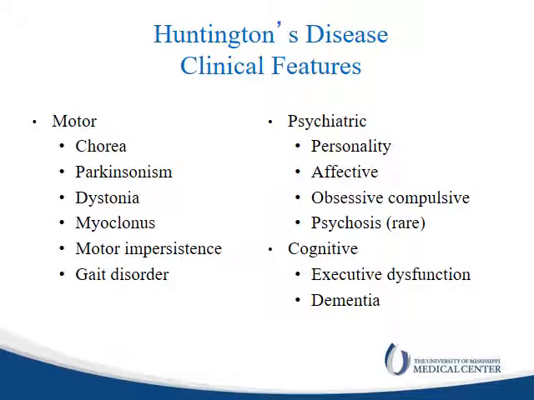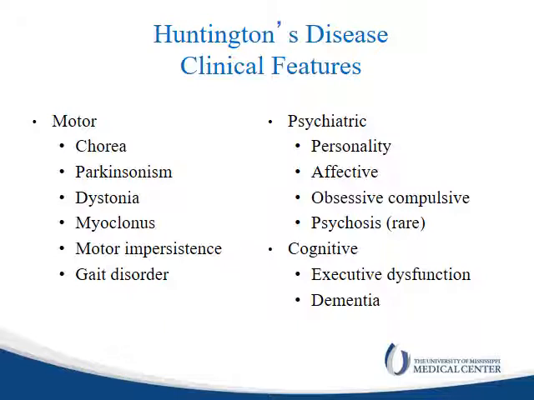The clinical features of Huntington's disease are predominantly motor features, including chorea, involuntary movement, dystonia, myoclonus, and motor persistence, and gait disorder. Later on, Huntington's disease can develop Parkinsonism as well.